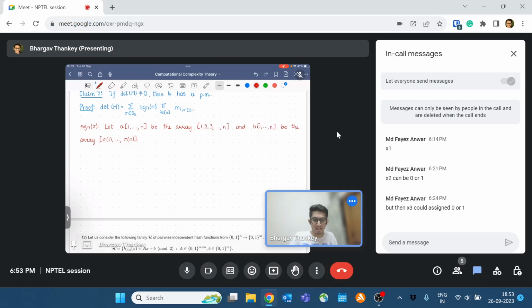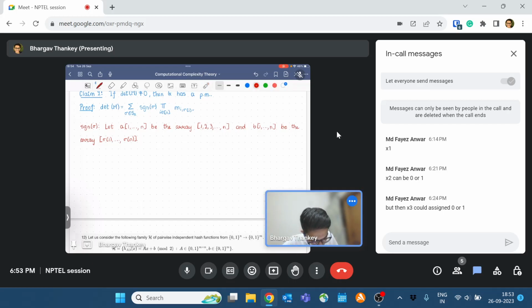So these are the two arrays. First of all, notice that because sigma is a permutation, this array also contains 1 to n exactly once. Is that clear? So basically, both of these arrays contain the same elements but in different order. So by changing the order of elements in this array, I can move to this array, right? And here's how we are going to do it.